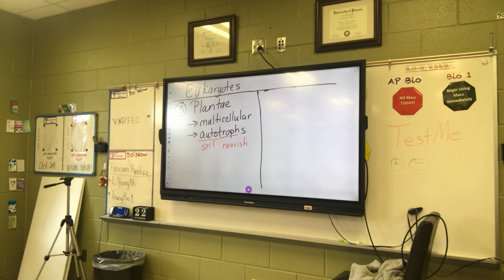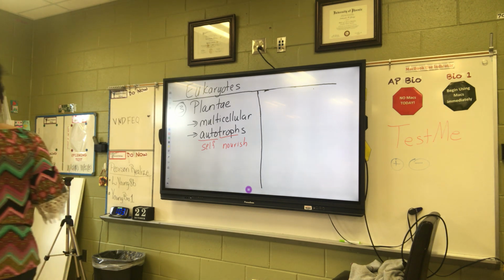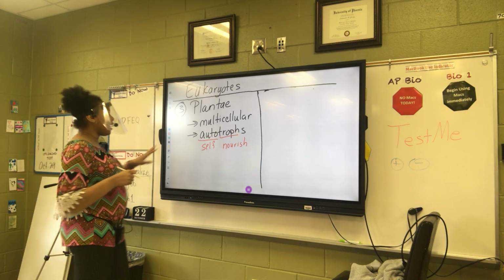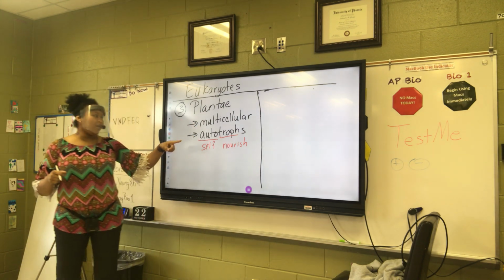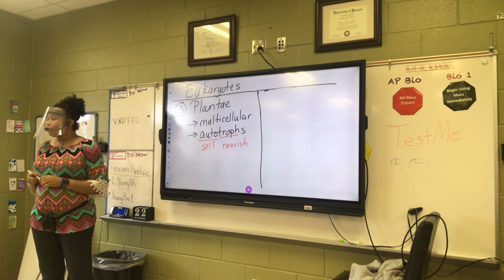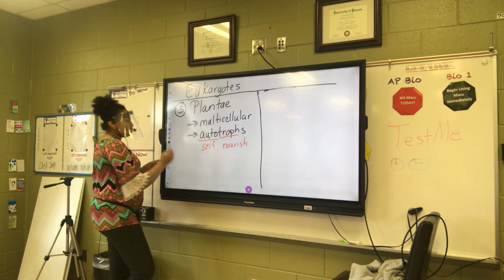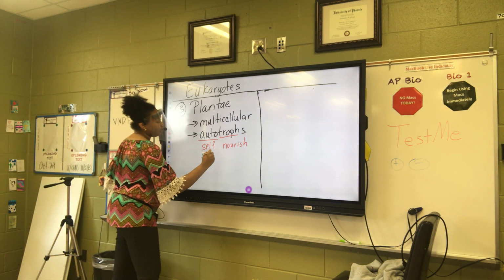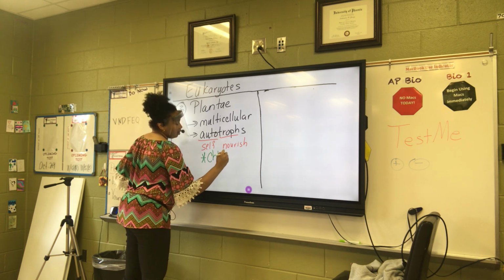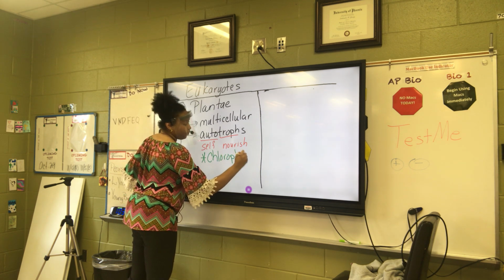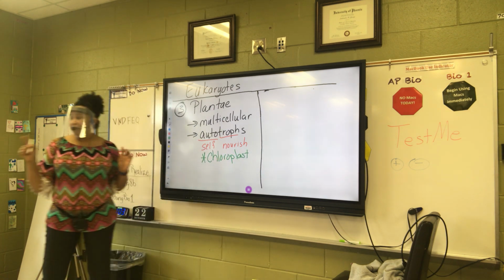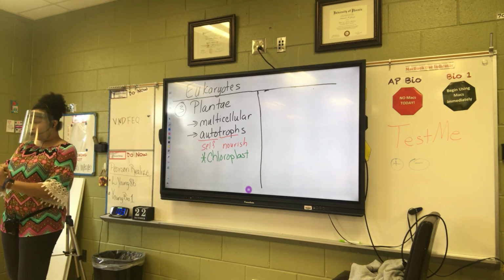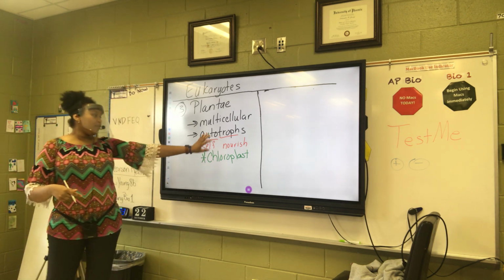So plants, and it's not a muscle, by the way, it's an organelle. Plants have which organelle that allows them to self-nourish? Which organelle is responsible for this ability? Chloroplast. All right, chloroplast is the organelle. Chlorophyll is the pigment inside of the organelle. Okay, so they have chloroplast.